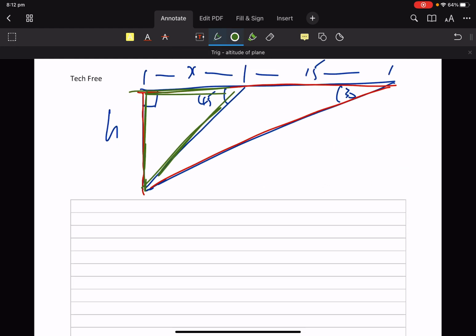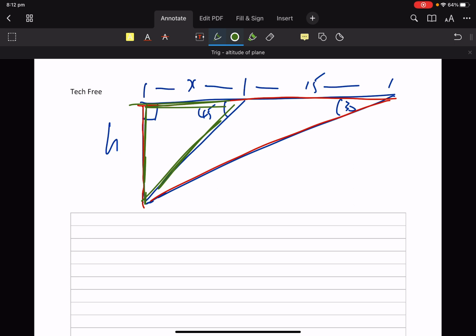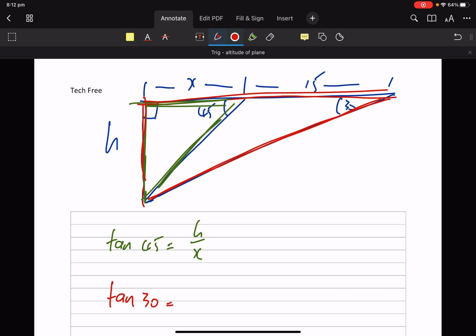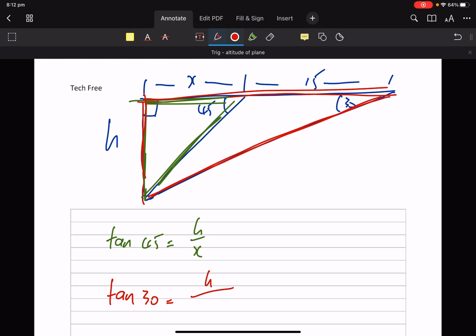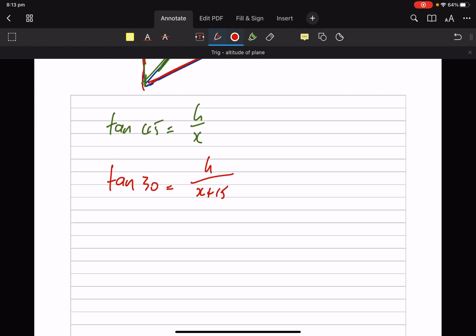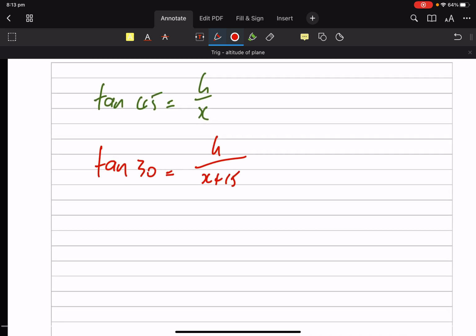I'm going to use my green pen because I'm going to look at that green triangle and go tan 45 equals H on X. Now I'm going to look at my red triangle and go tan 30 equals H on X plus 15. Pretty much now I've got two equations, two unknowns, that diagram can just disappear.